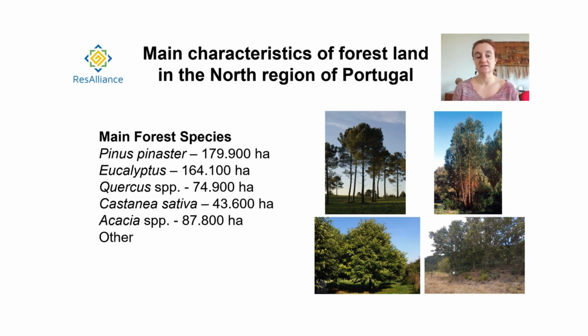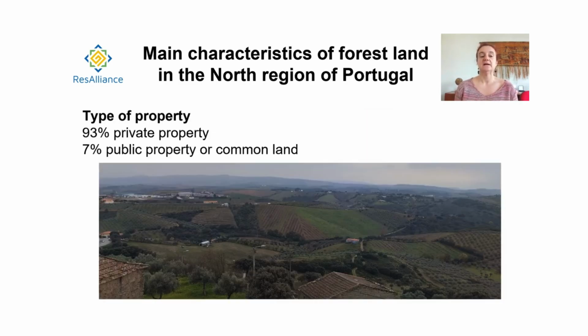It also has Castanea sativa stands managed as silvopastoral systems, and acacia species, an exotic and invasive species that often brings many challenges for reforestation projects. But in fact, the two main forest species are Pinus pinaster, the maritime pine, and eucalyptus.